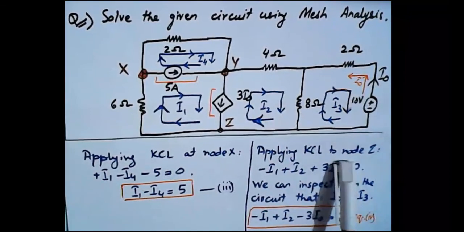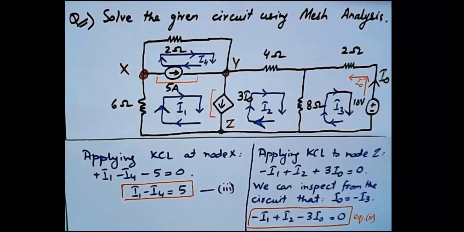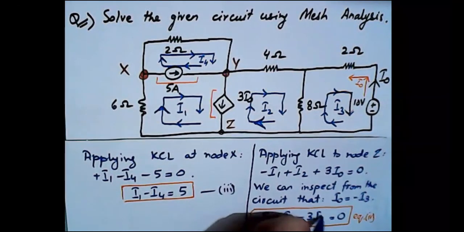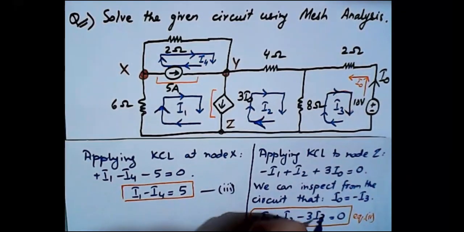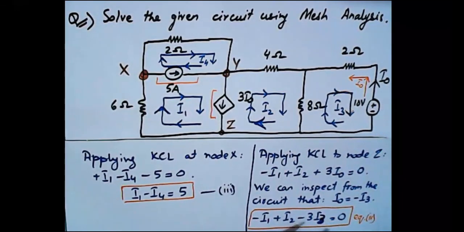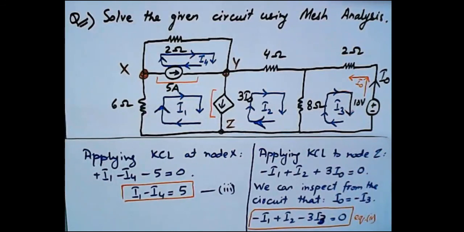So we replaced I0. I have mistakenly still written I0 here, it will be I3. So we replaced I0 here with I3, and now we have 4 resulting equations.